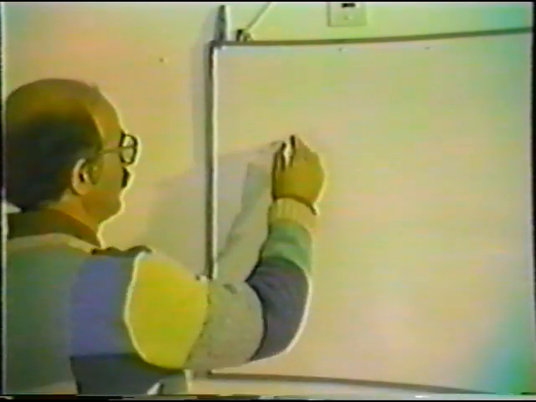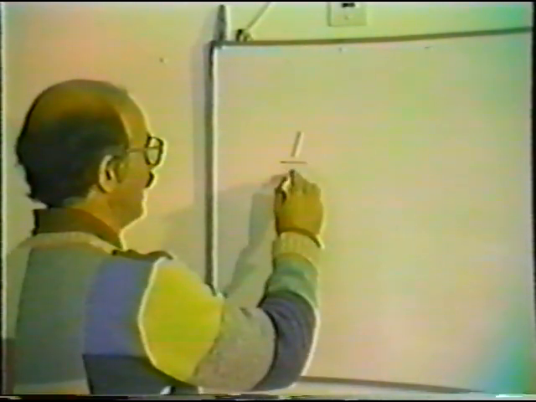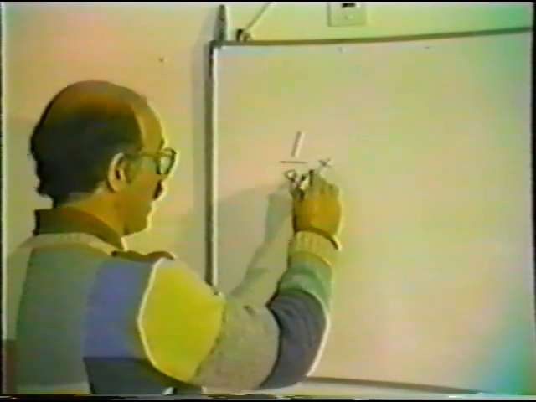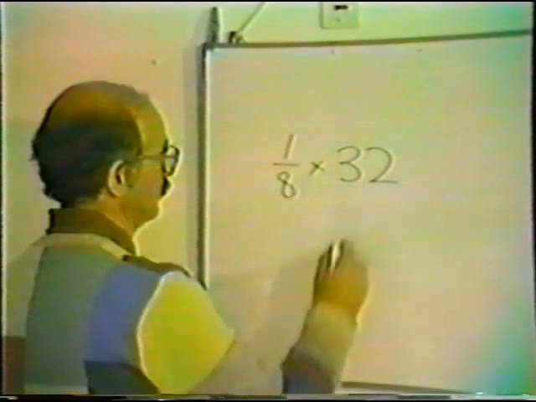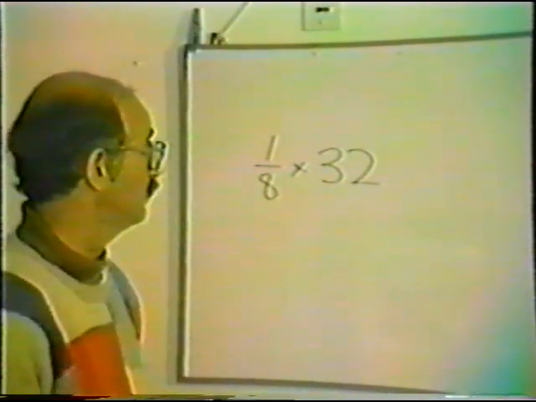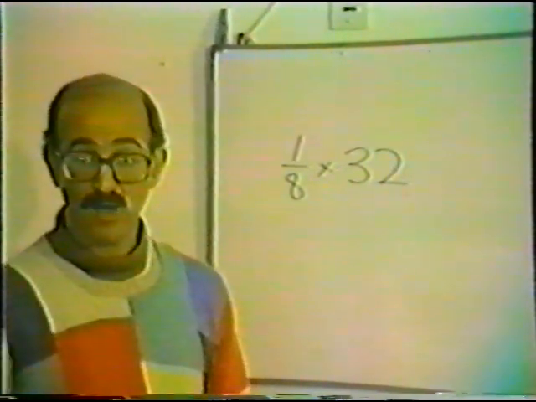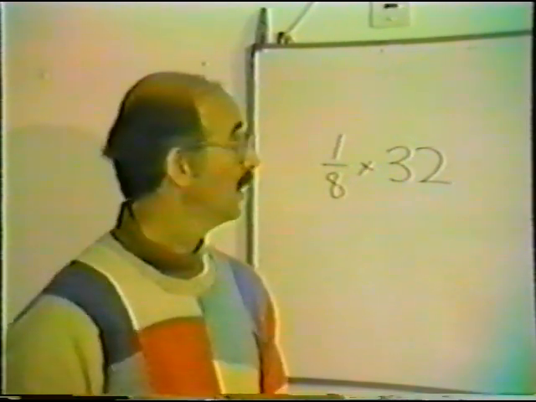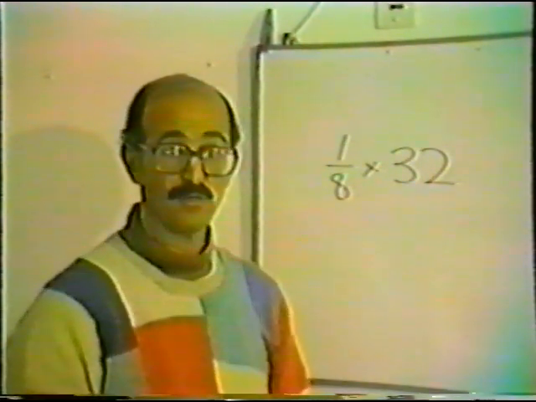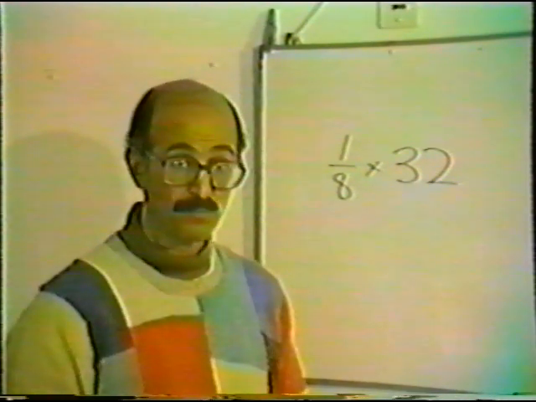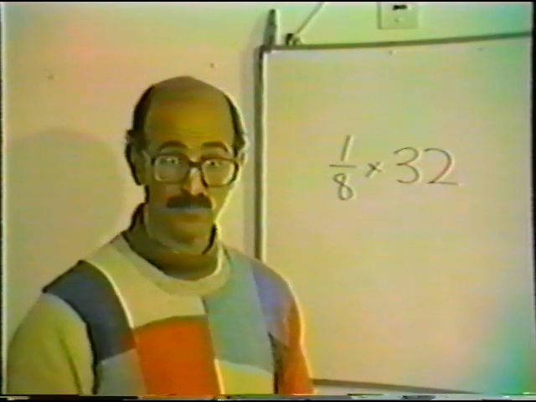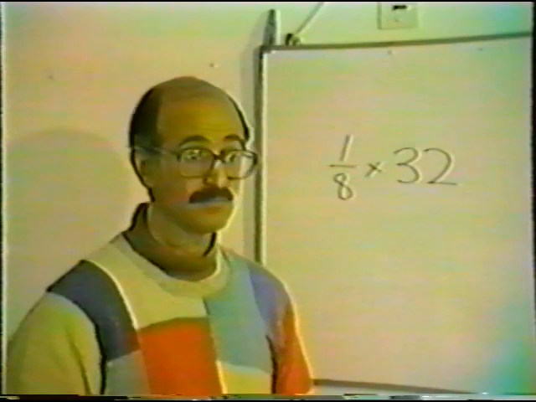The next problem is 1/8 times 32. Well, you say, how can I multiply across? I don't know what this 32 is. It's not a fraction. Is it on the top? Is it on the bottom? I don't know.